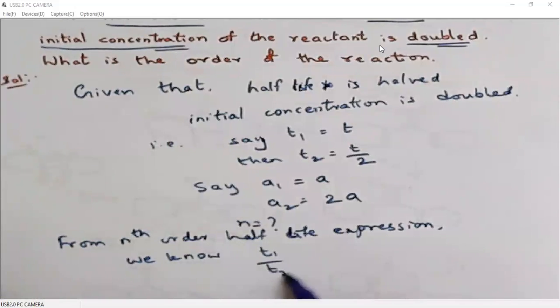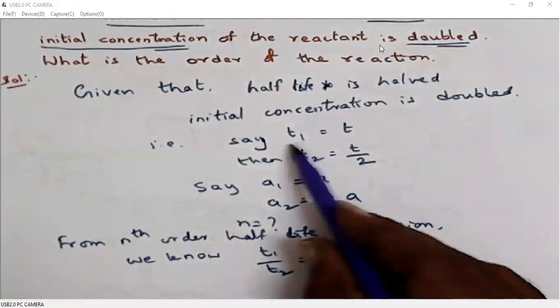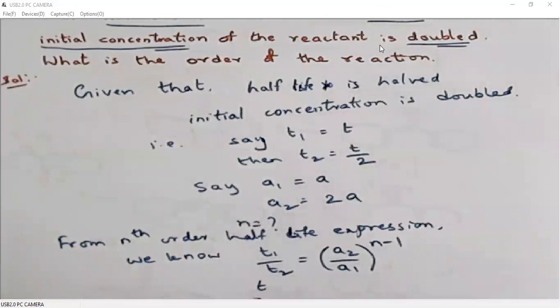Half-life of the first reaction by half-life of the second reaction is equal to A2 by A1 whole power n minus 1. Now we substitute T1 as T, T2 as T by 2, A2 as 2A, by A whole power n minus 1.